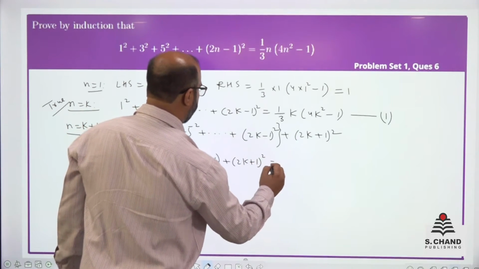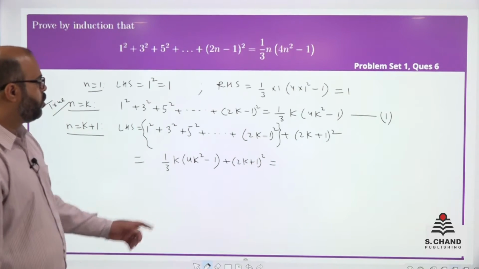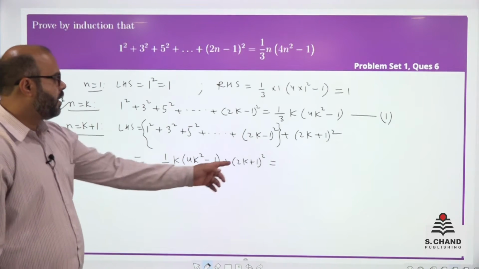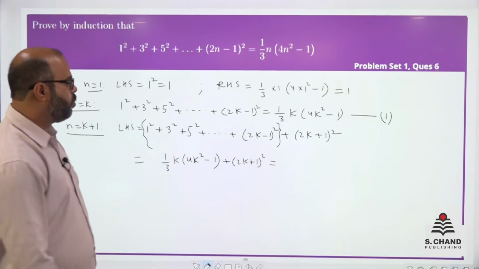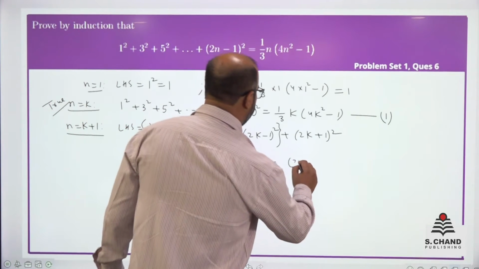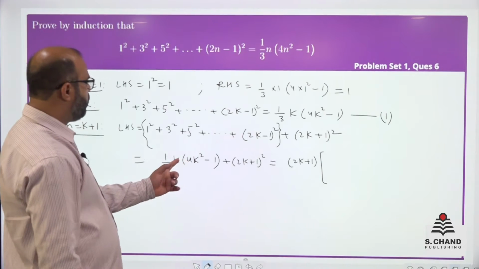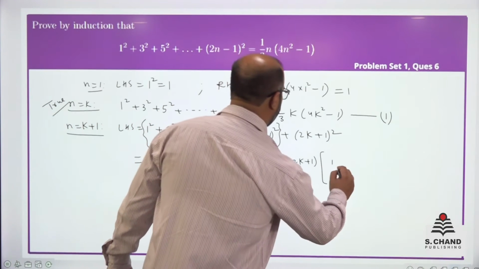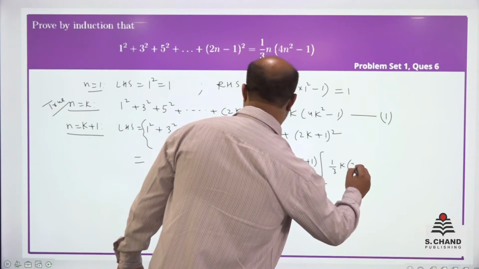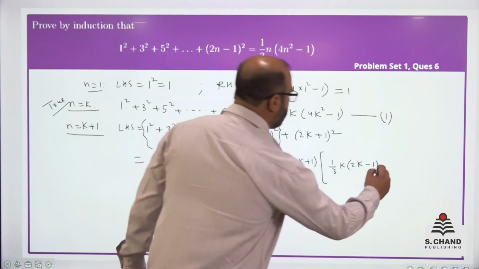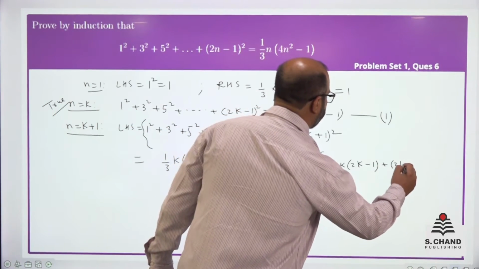So this is equal to, now this can be written as (2k minus 1) into (2k plus 1), and (2k plus 1) can be taken common from both of them. So I am doing it in this next step, and here it will remain 1 by 3 k into (2k minus 1), and here plus (2k plus 1).